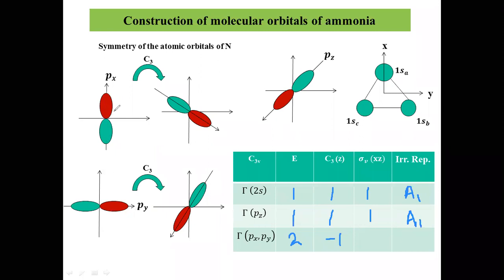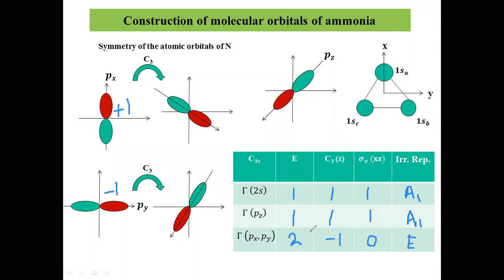So therefore, plus 1 from this one when I go for sigma Vxz, and then it is going to be minus 1 from this one, right? So therefore, the resultant is going to be 0, right? Now if you look at this character table, you can find out this is going to be the doubly degenerate representation E.